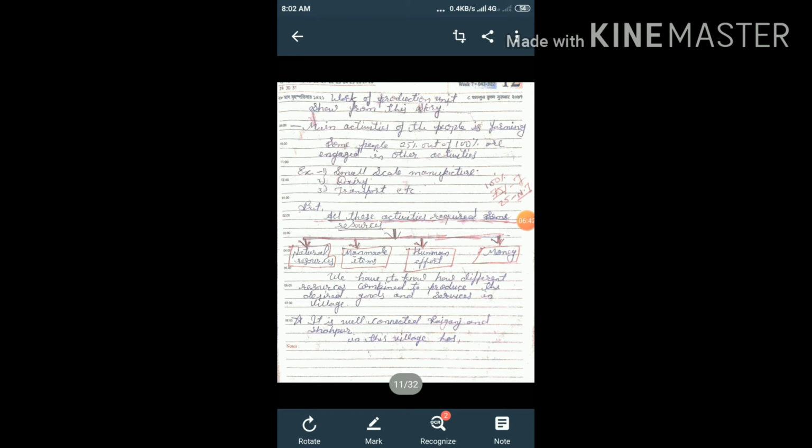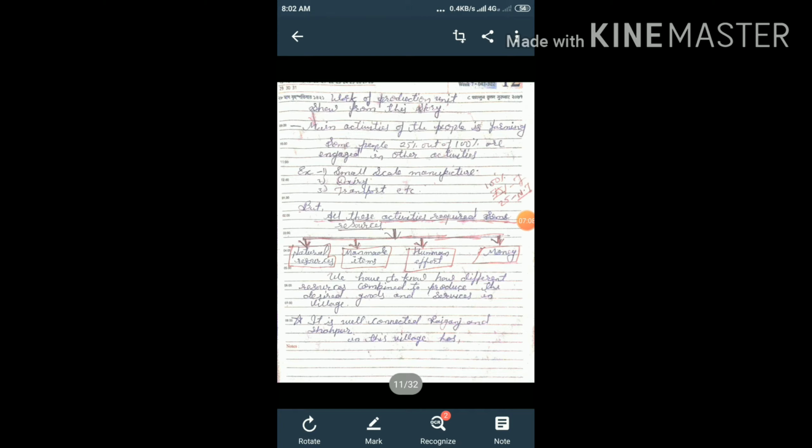So we have natural resources, man-made items, and human efforts, but if we don't have money, no work is done, because if we want to purchase land, we need money. If we want to purchase a machine, we should have money. If we want to keep labor for the work, then also we need money.